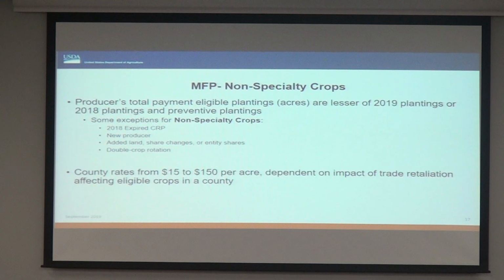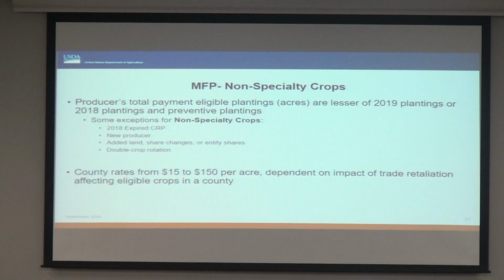What this looks at, as far as eligibility for payments, is a producer's planted acres being the lesser of either their 2019 planted acres or their 2018 planted acres and prevented planting acres for 2018. There are some exceptions if the 2019 acres exceed the 2018 acres, such as if there was some expired CRP that was put back into production.